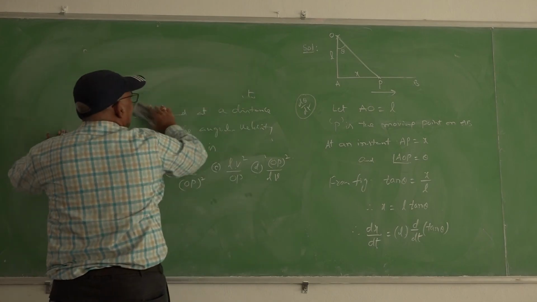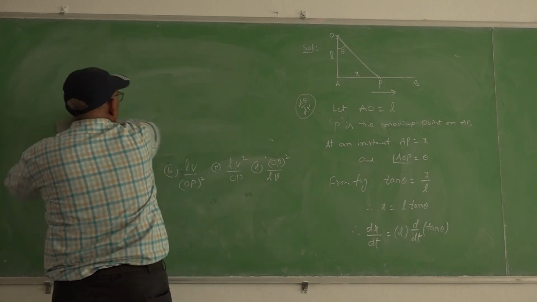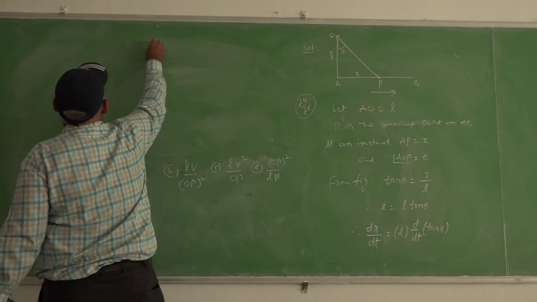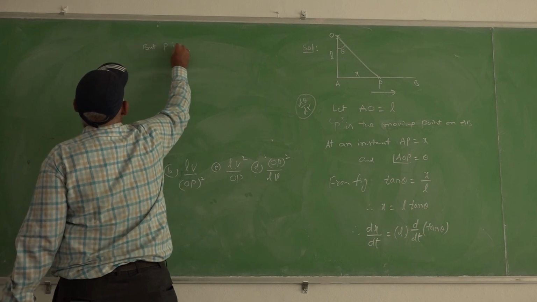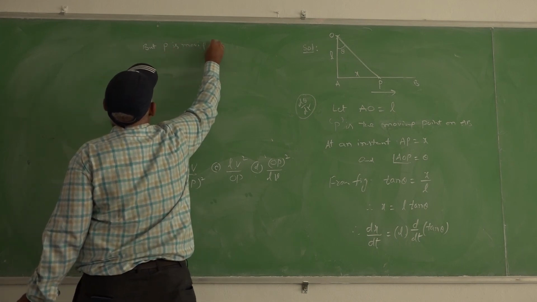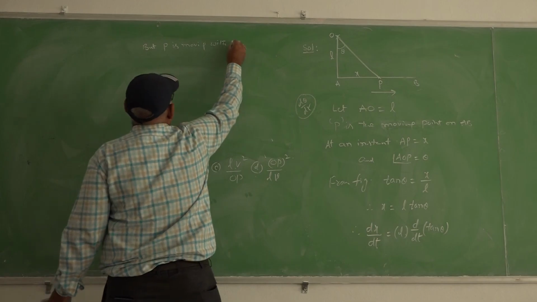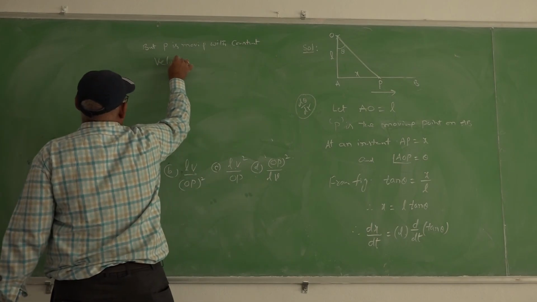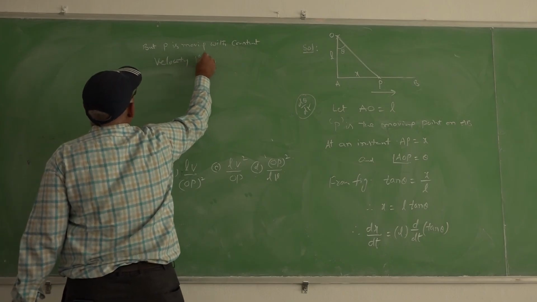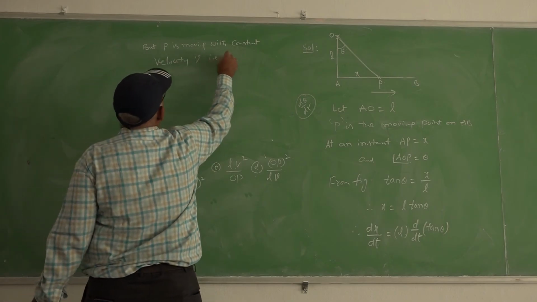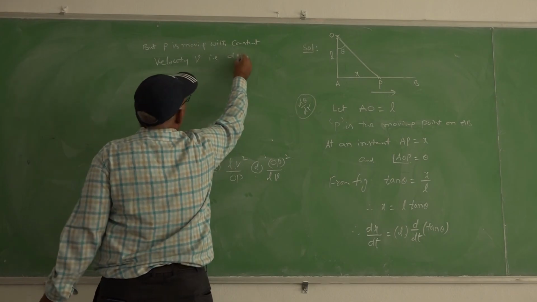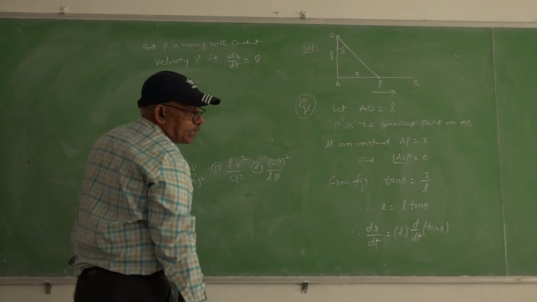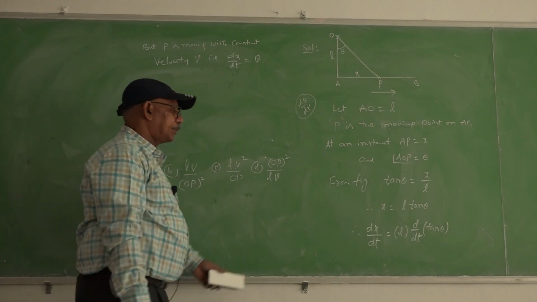So the rate of change in x, dx by dt, is v, constant velocity v.